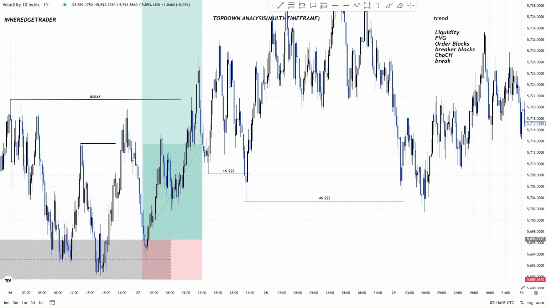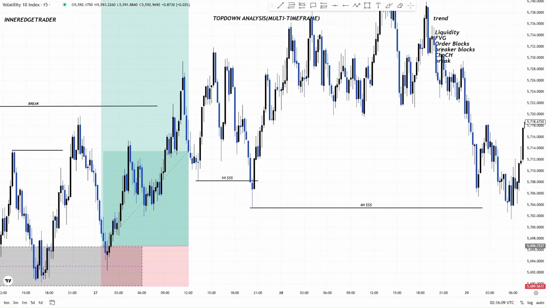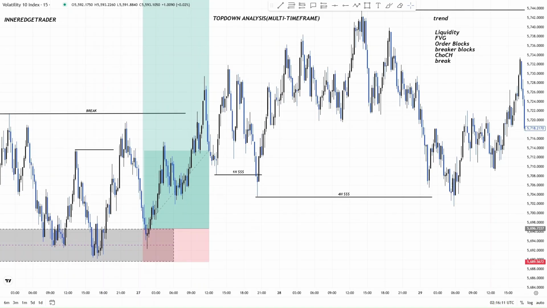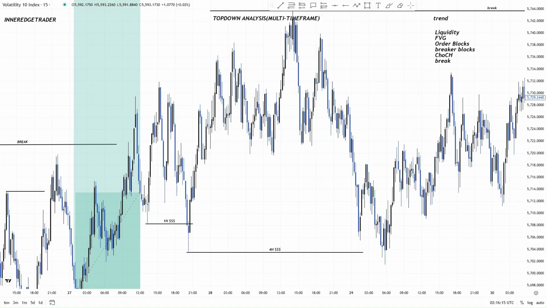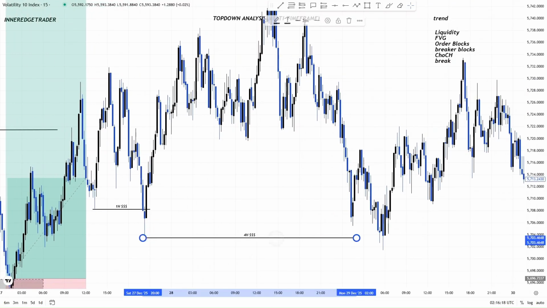The market structure shift that happened on the 15 minutes didn't really happen, so we won't enter this trade. But what we'll look for is the 4 hours liquidity because we always focus on 4 hours liquidity.